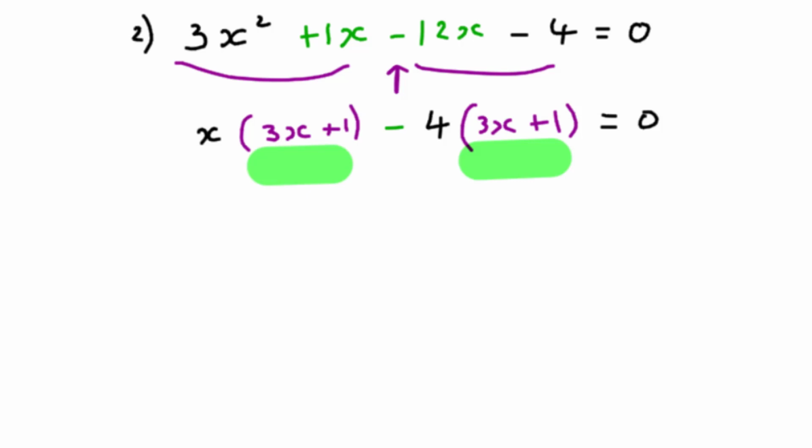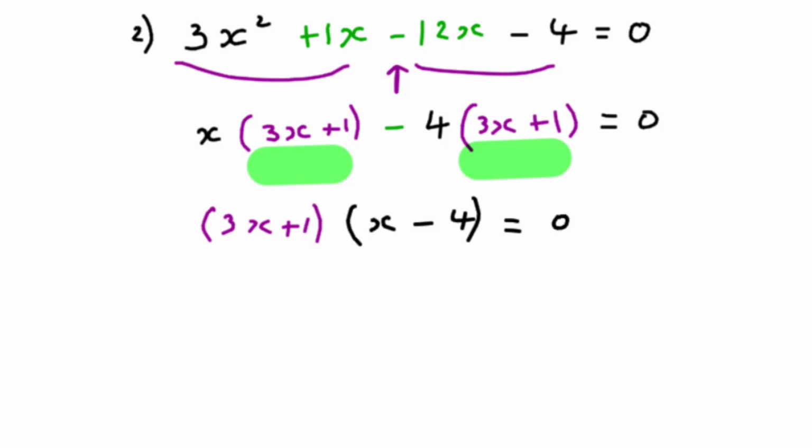We look at the common factors between the two terms, 3x plus 1 in this case. So we're going to fully factorize now by taking 3x plus 1 as a common factor. So 3x plus 1 is our common factor, multiplied by x to give us back x times 3x plus 1, and then multiplied by minus 4 to give us minus 4 times 3x plus 1.